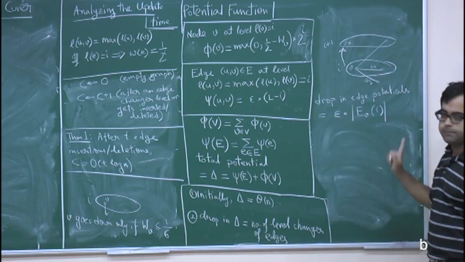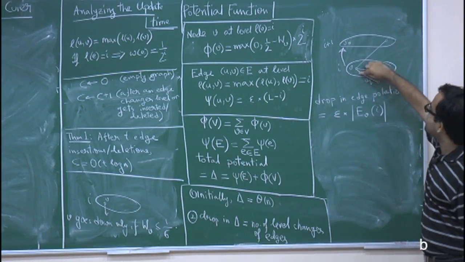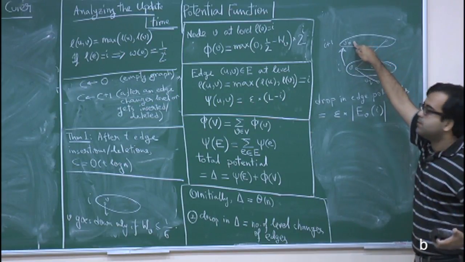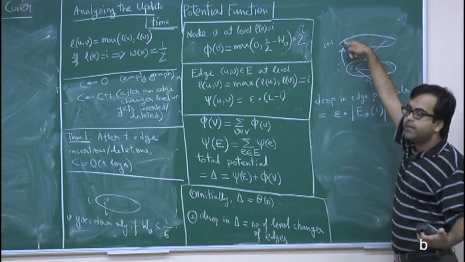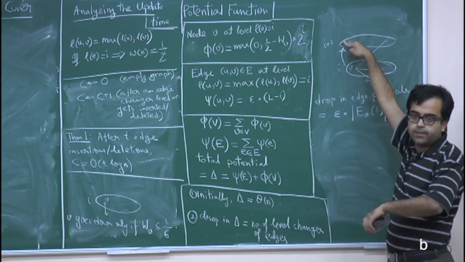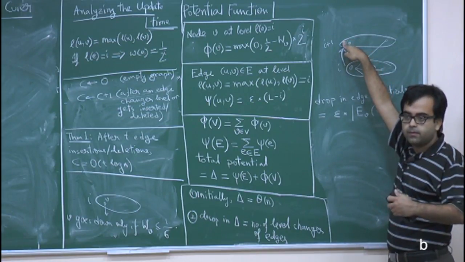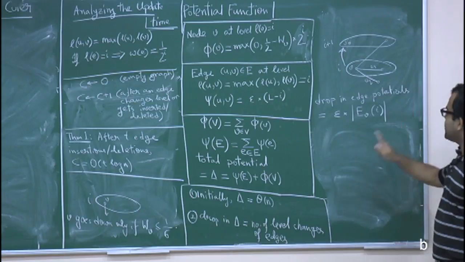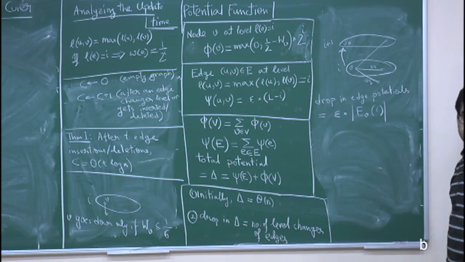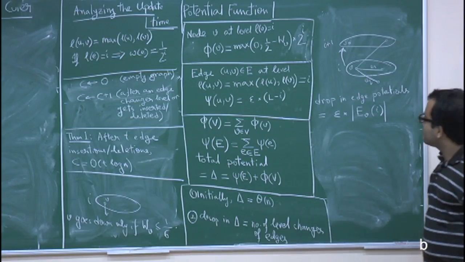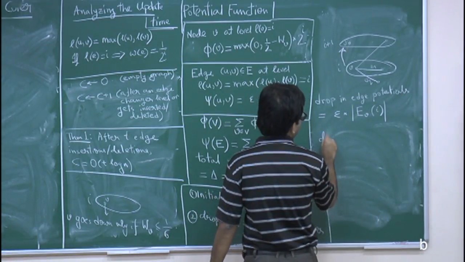So, it is going to drop by epsilon. So, it is as if this edge is going up. So, it is as if it is just gobbling up the epsilon many coins that were stored for it at this level. Okay. So, the drop in the edge potential is going to be epsilon times E V of I. Okay. Now, what is the drop in the node potential?